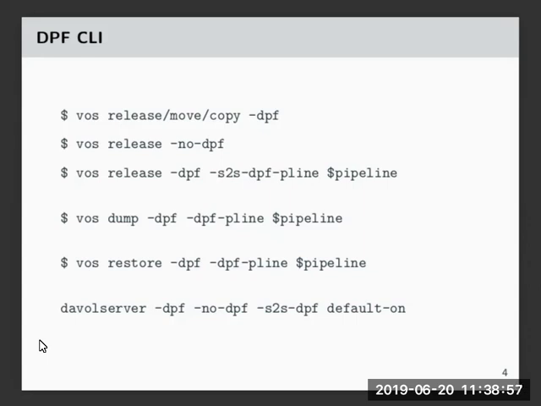That last option, called s2s-dpf-default-on, is a way that we can allow releases and moves to use this new functionality without the VOS command even needing to turn it on, or even needing to be running this new code at all. Because operations like releasing and moving and copying volumes happen as a direct vol server to vol server connection. So the vol server itself can turn that on without you having to specify it in the VOS command.